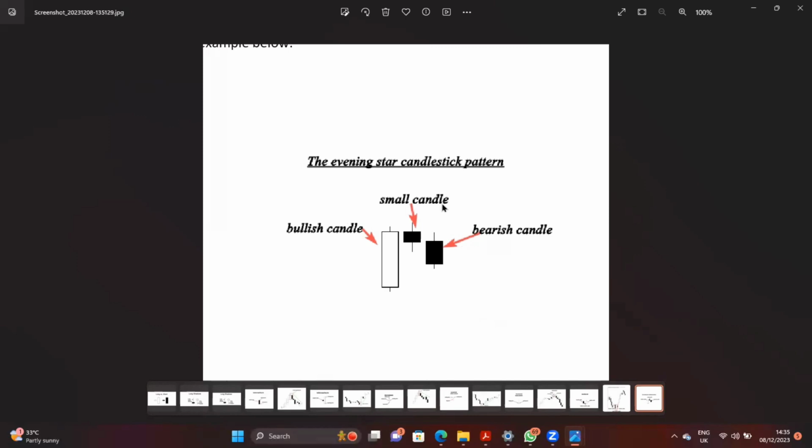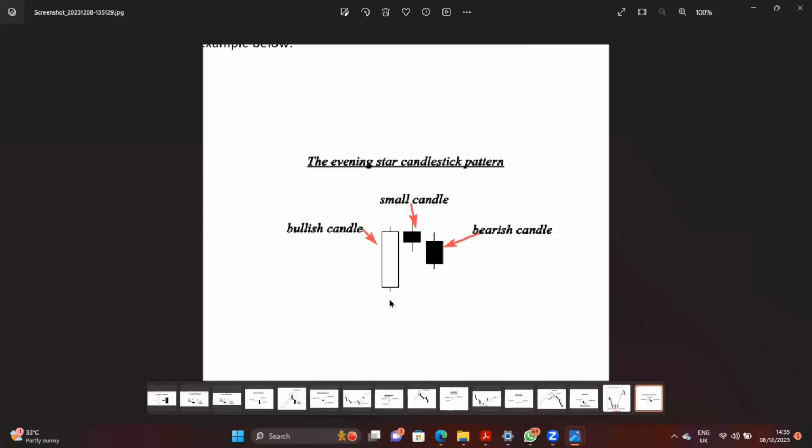The first candle must be bullish, that is, must be rising, a candle that is going up, right? The second candle is a small candle. It doesn't matter if it is bullish or bearish. The third candle is a large candle, all right, and must be what? Bearish. All right? So this is how it should look.